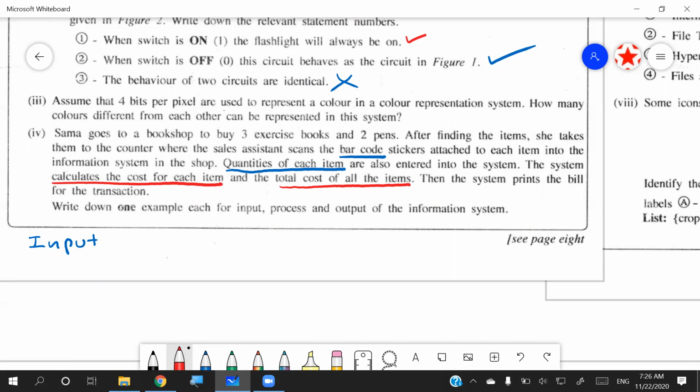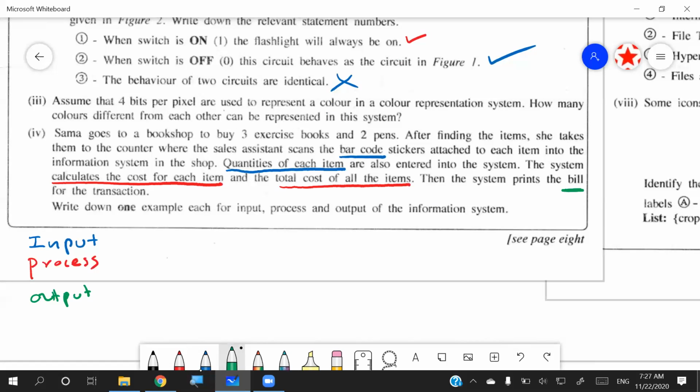Then the system prints the bill for the transaction, so the bill is going to be your output. So processes are in red and outputs are in green, right? So any one of these.